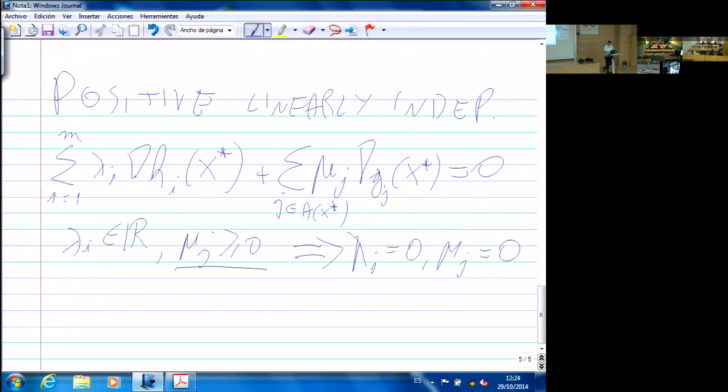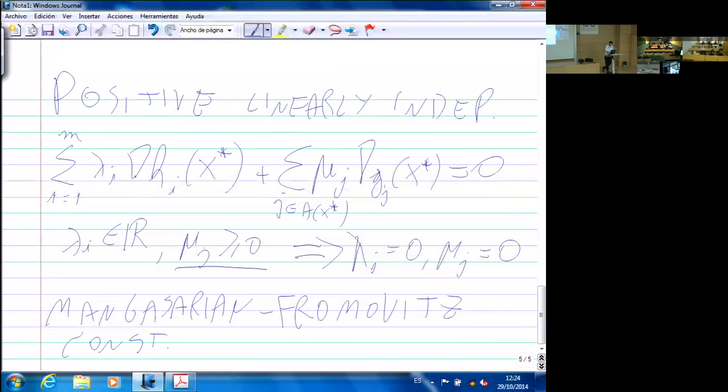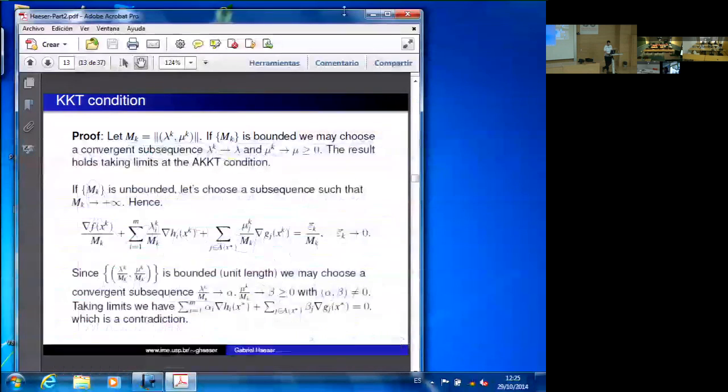So we can prove this condition under this weaker assumption, and this is what is called the Mangasarian-Fromovitz constraint qualification. We will get to this a little bit later.